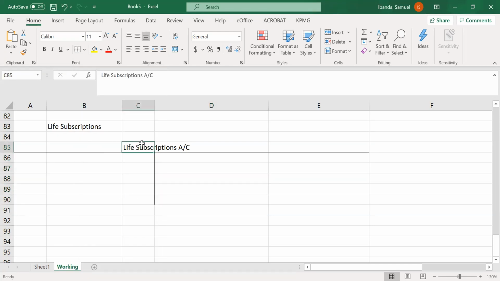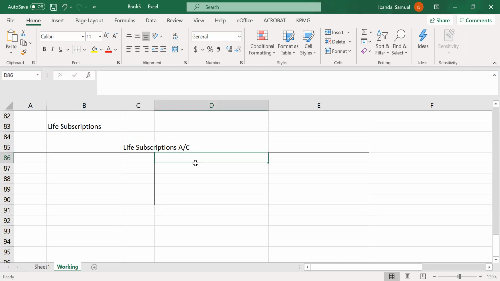So this life subscription account is a liability account. Let's take it to be a liability account. Every time we receive life subscription, it's a liability to us until when the period elapses to which it relates to.